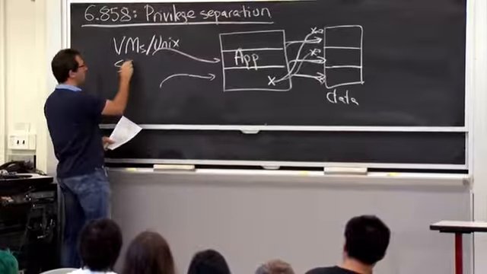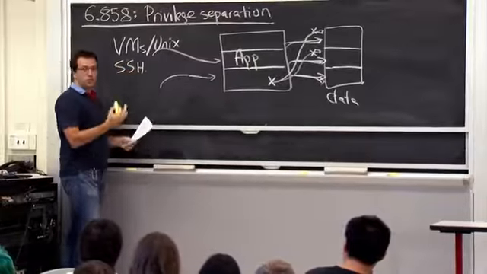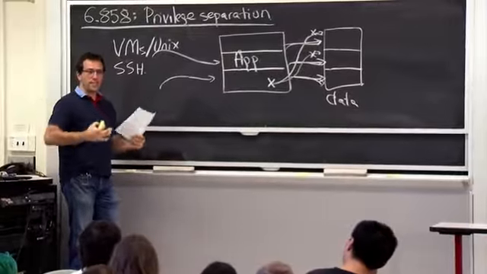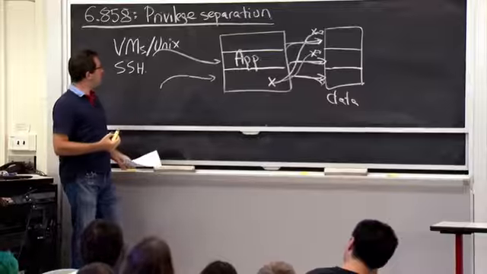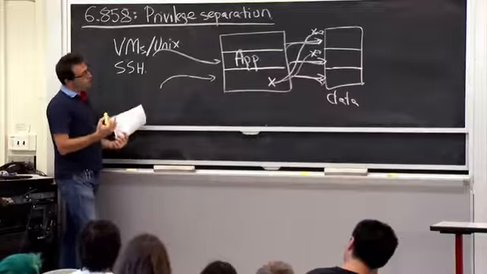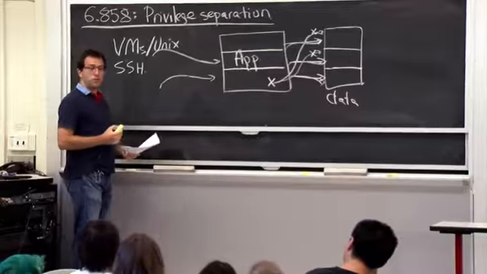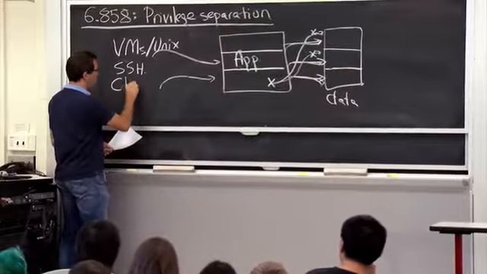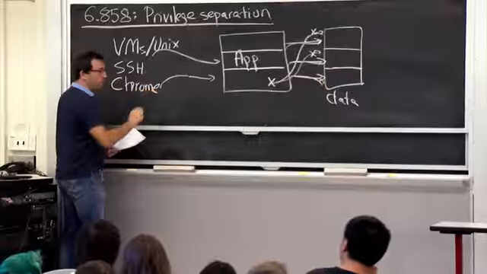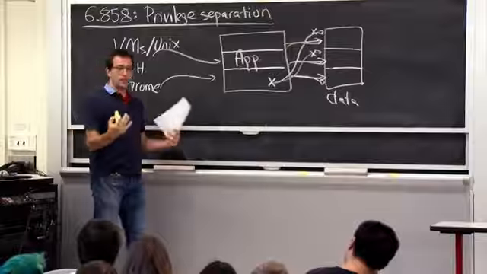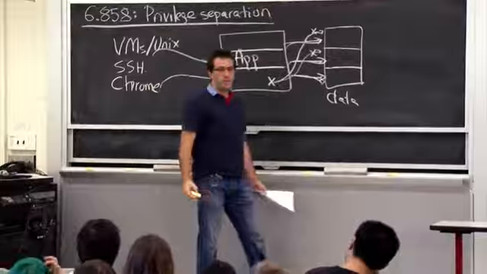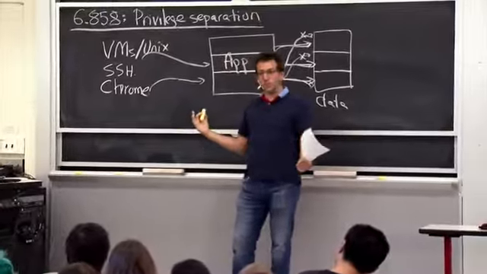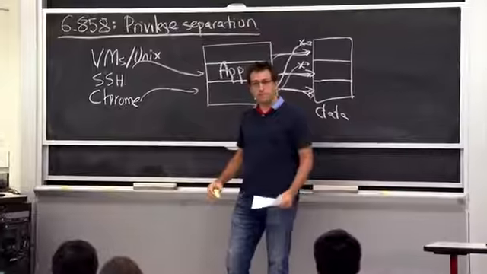You guys are probably using SSH quite often. That uses privilege separation in many of its components to make sure its keys are not leaked and the server doesn't get compromised, or the effect of a server compromise is reduced. And perhaps more relevantly to you guys, Chrome, the web browser, actually does privilege separation quite extensively as well, so that if there's a bug in Chrome's implementation, the adversary doesn't get full control of your computer, which is a great property to have.